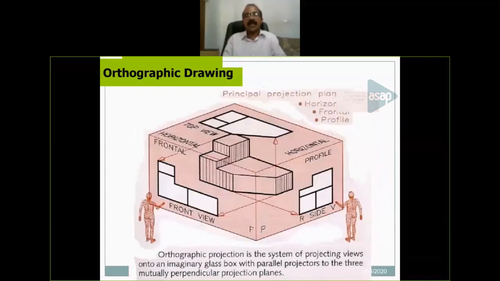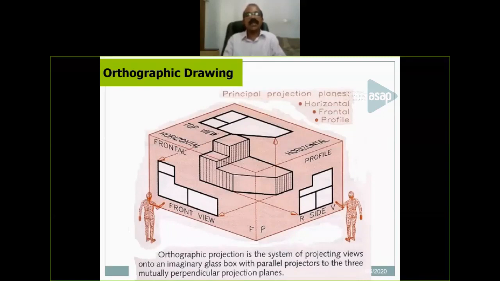Another way to describe orthographic projection is a system of projecting views onto an imaginary glass box with parallel projectors to the 3 mutually perpendicular projection planes. So here the principal projection planes are the horizontal plane, vertical plane, and the profile plane. You can see the difference in images of the object.